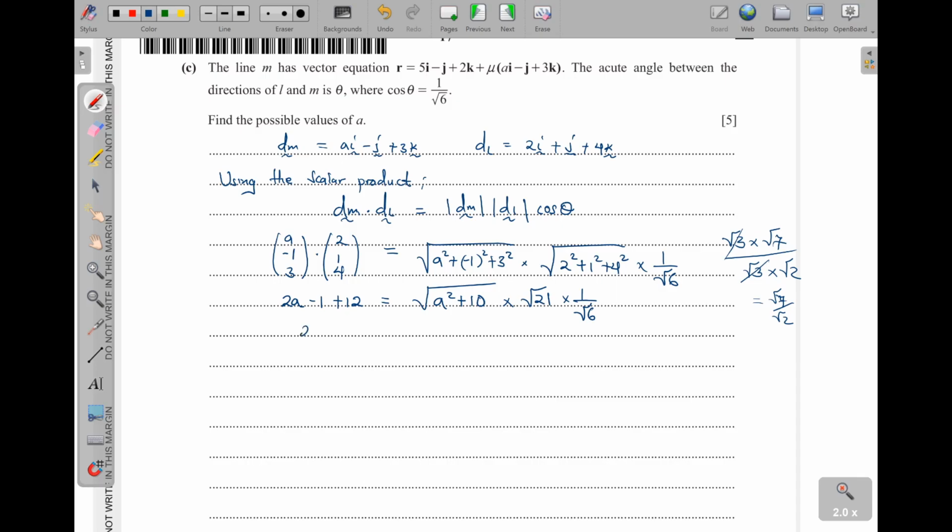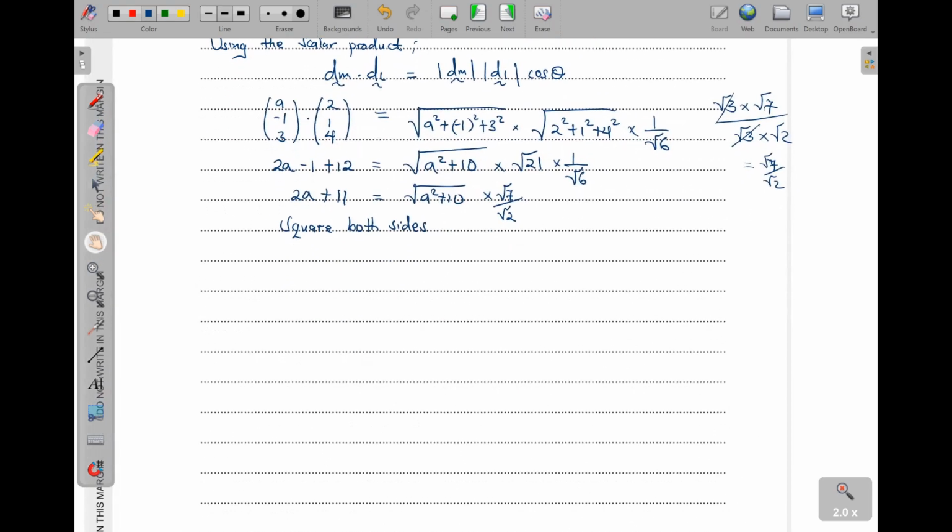So here I will have 2a plus 11, which is equal to the square root of a squared plus 10, times root of 7 over root of 2. And then we can now square both sides such that we do away with the square roots.